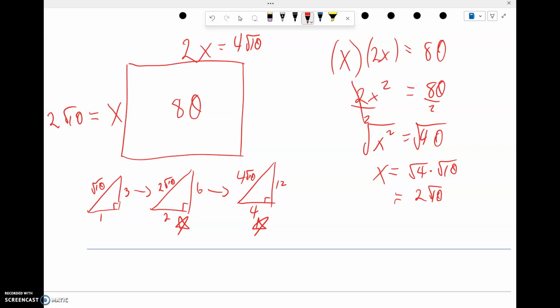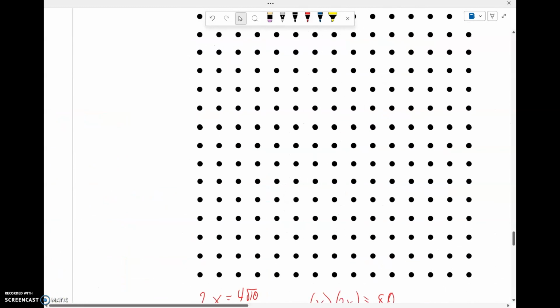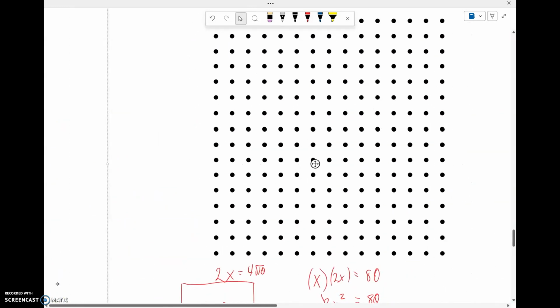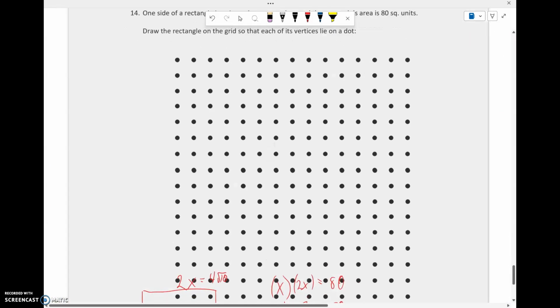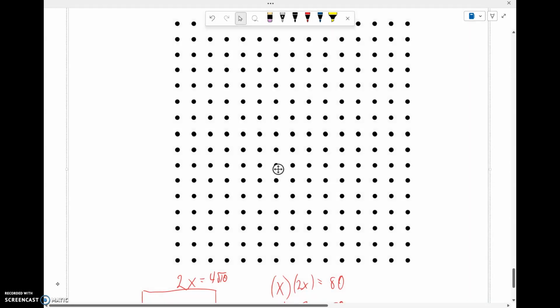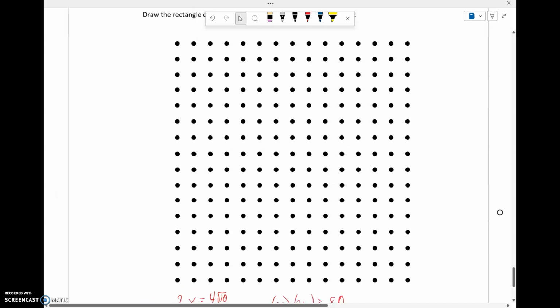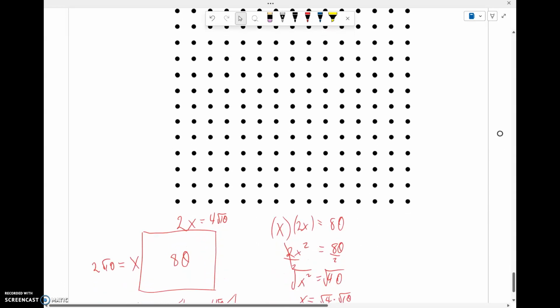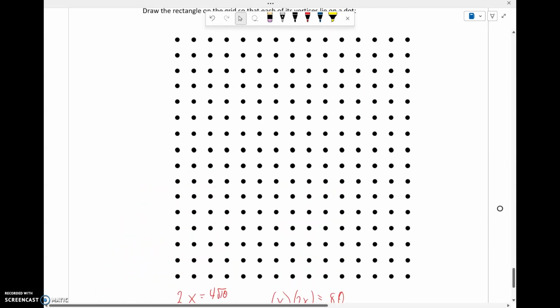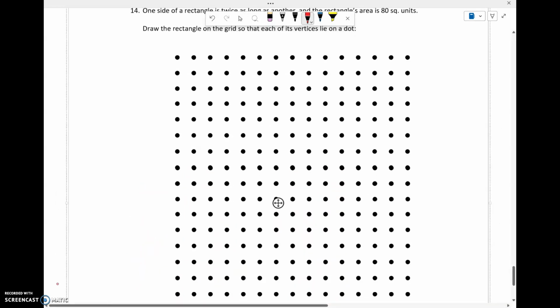So when I go back up to my diagram, the big grid that we have here, I want to find a 2 root 10 and a 4 root 10. That means I want to have dimensions of 6 and 2. If I go here and count down from the top corner, 1, 2, 3, 4, 5, 6, and up here I go over 1, 2.